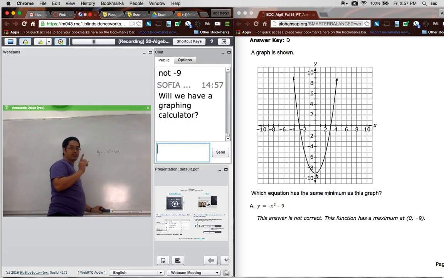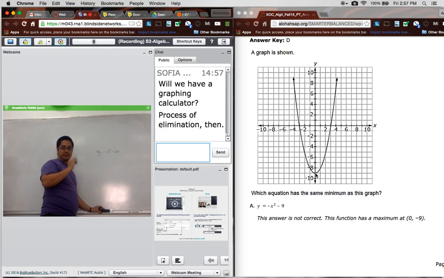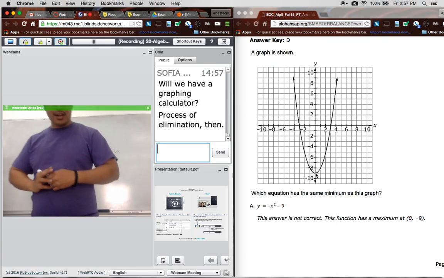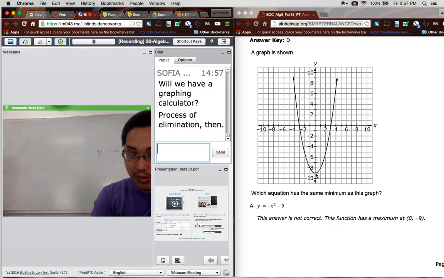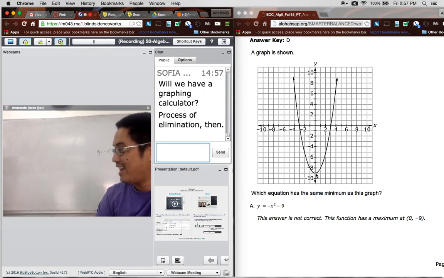There is another trick that I forgot to tell you. For this particular problem, here's how I would cheat. You have access to a graphing calculator on this problem. I would graph out all of the different ones and see which one has a minimum of -9.